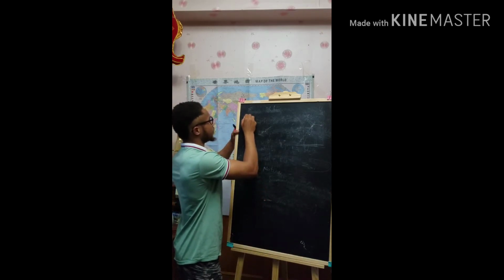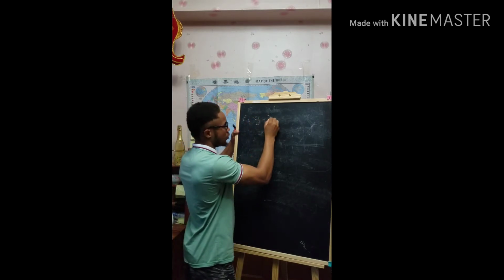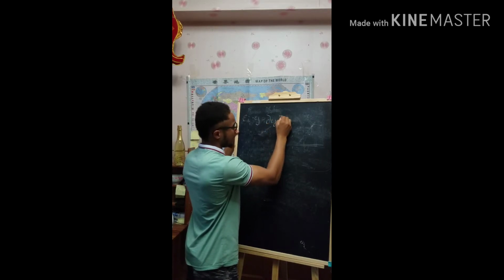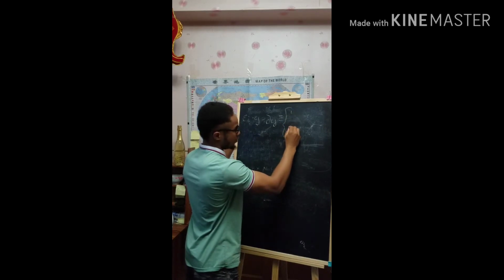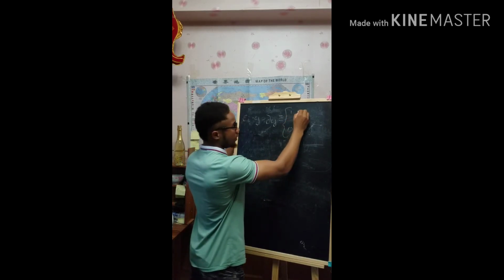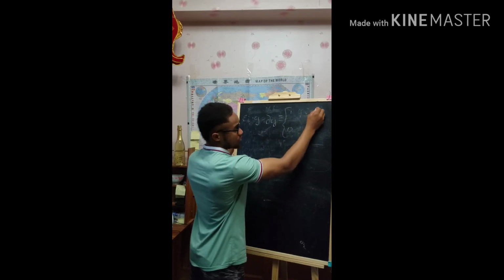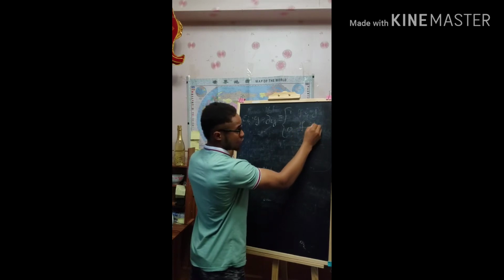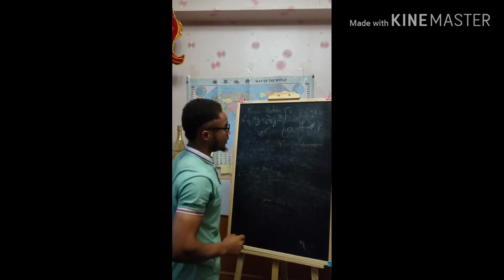And the expression of that is Ei times Ej equals the Kronecker delta ij, which can be written as 1 if i equals j, and 0 if i is different from j.